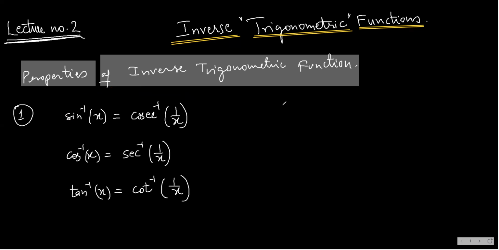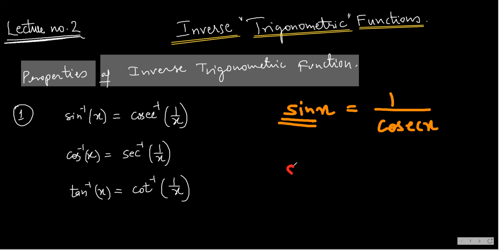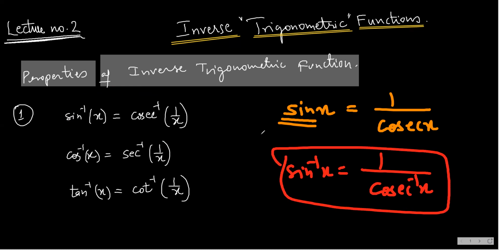But in sine and cosec, sine of x equals 1 upon cosec x. So please do not commit the mistake of writing sine inverse x equals 1 upon cosec inverse x. It is a blunder. It is wrong.